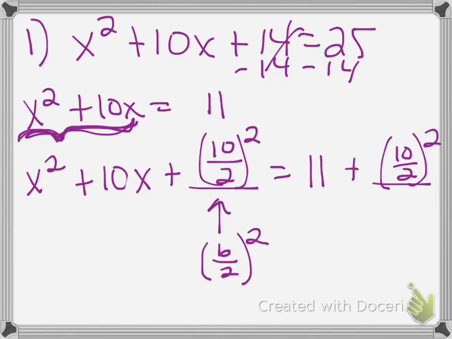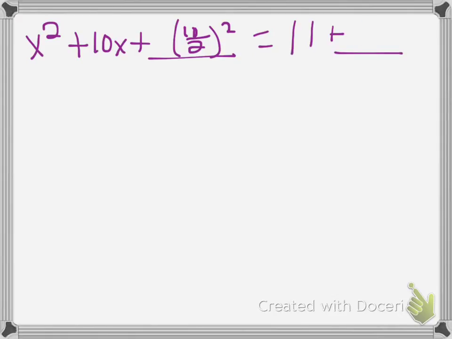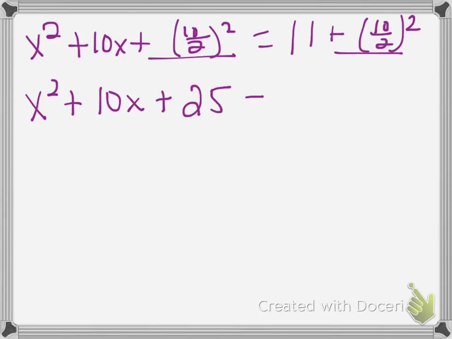So I've got x squared plus 10x plus my 10 over 2 squared equals 11 plus my 10 over 2 squared. Now 10 divided by 2 is 5, and 5 squared is 25. And then I've got 11 plus 25. All I did was calculate that.